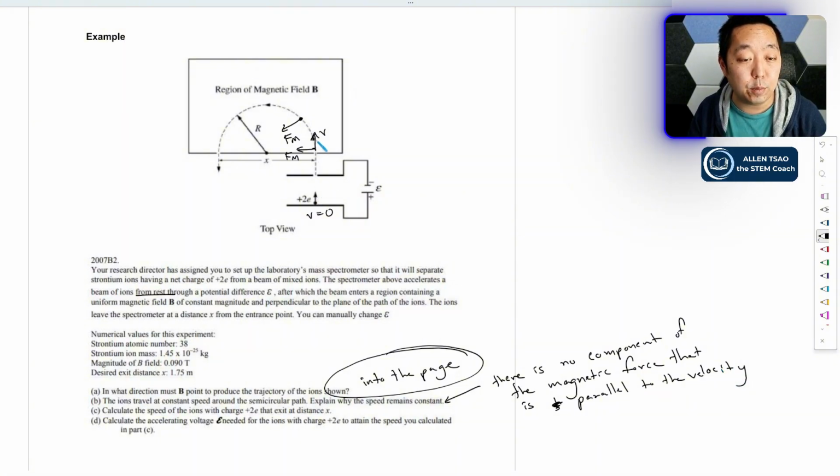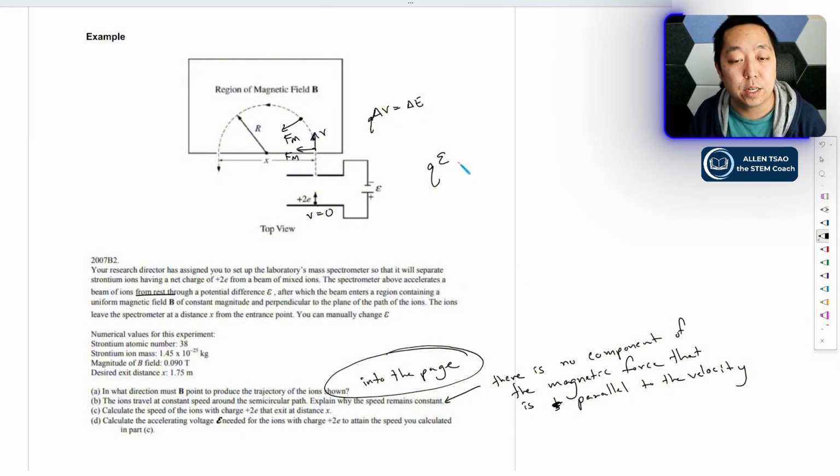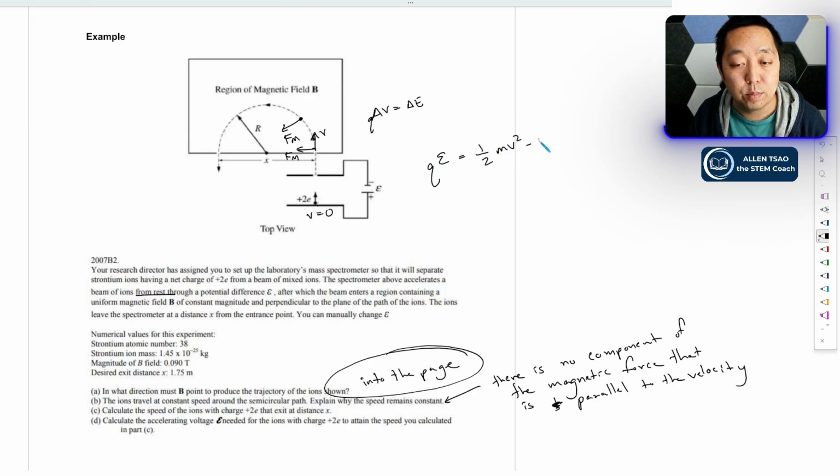Calculate the speed that we're going to enter in here. So this is going to be conservation of energy. You're going to say Q times the potential difference, right, is going to give you the change in the energy. The work is going to be there. So Q times the potential difference is going to give it energy, the 1/2 mv squared minus 1/2 mv0 squared. So work is the change in energy.